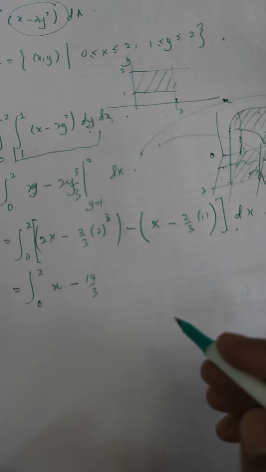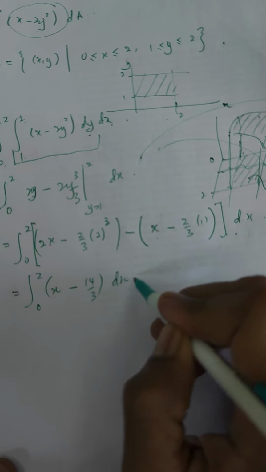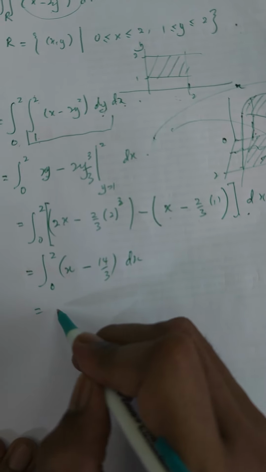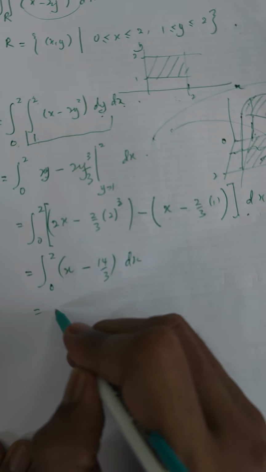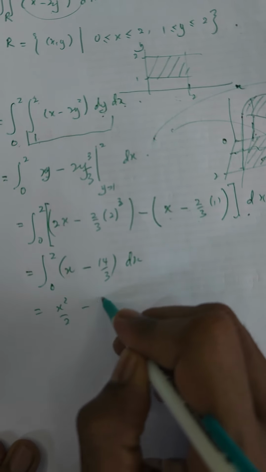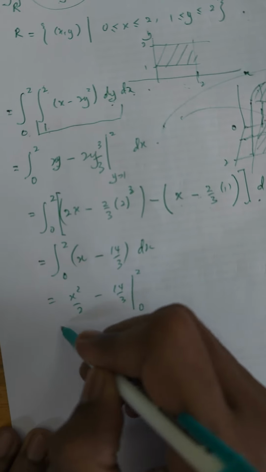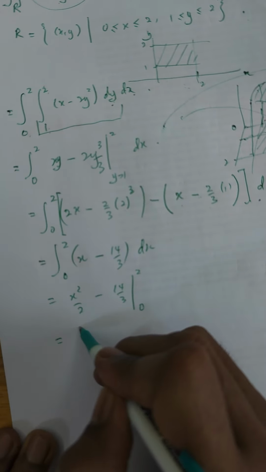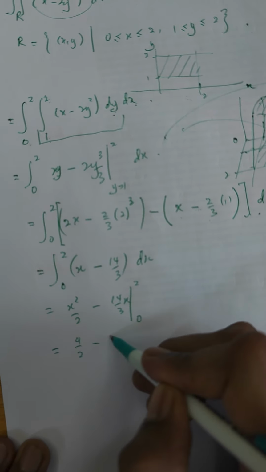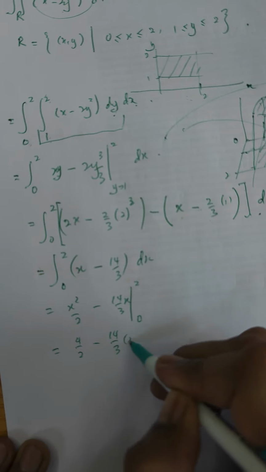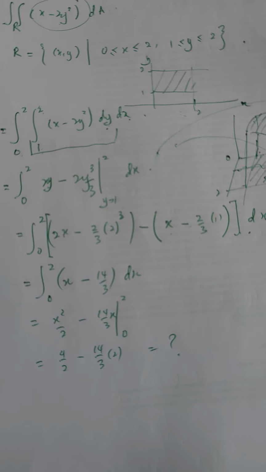I think that's correct. That's dx. Then you can proceed to integrate with respect to x. So we have x squared over 2 minus 14 over 3 x, x from 0 to 2. Then you can evaluate this: 4 over 2 minus 14 over 3 times 2. Then you can evaluate this thing. Okay.